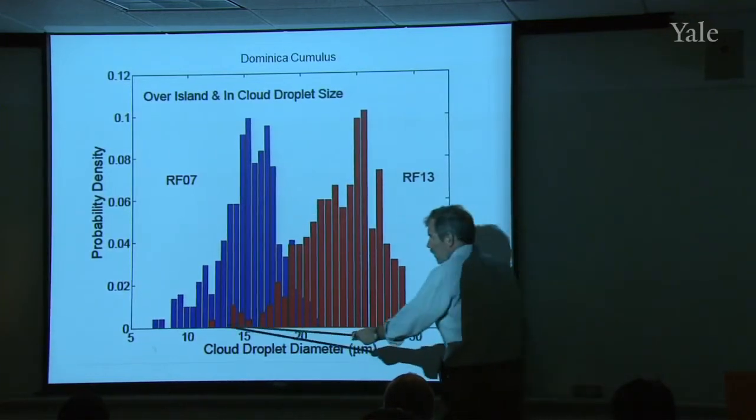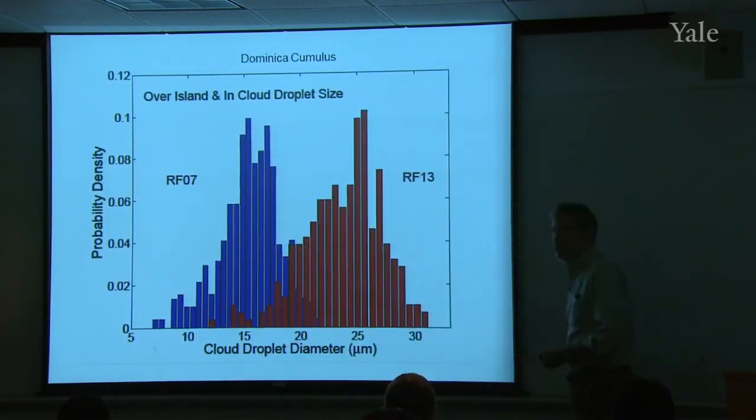On another day, more like 10 to 15. And that has a lot to do with then whether it's going to rain or not, because in order to produce rain, well, let me just remind you of something. A raindrop is about 100 times larger than a cloud droplet. 100 times. The diameter has a ratio of about 100 times.